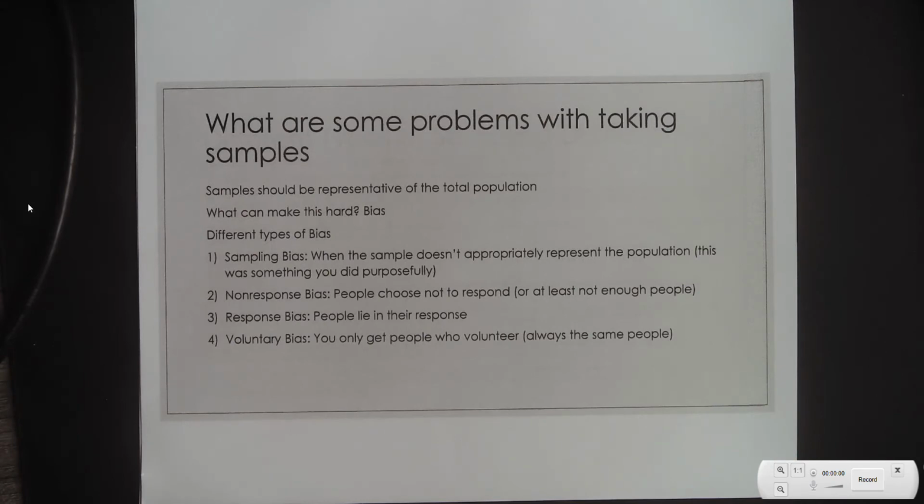So what are some different types of biases when we're talking about our actual sampling? Well, we have what's called sampling bias. It's when the sampling doesn't appropriately represent the population, which is something you would do purposely. If you were to go to Mexico, and most of the people you picked were Caucasian, that would not be representative of the population there because they're mostly Latino.